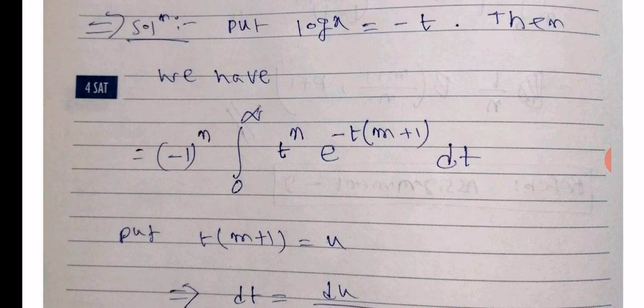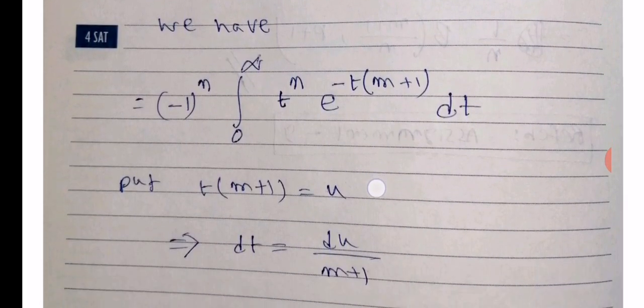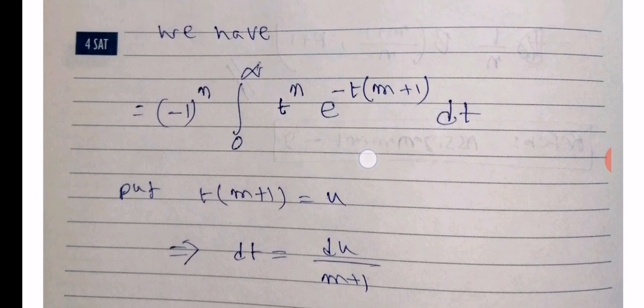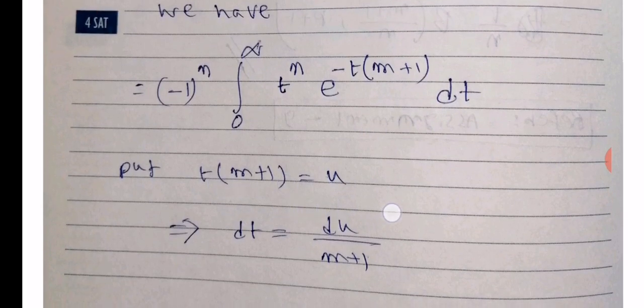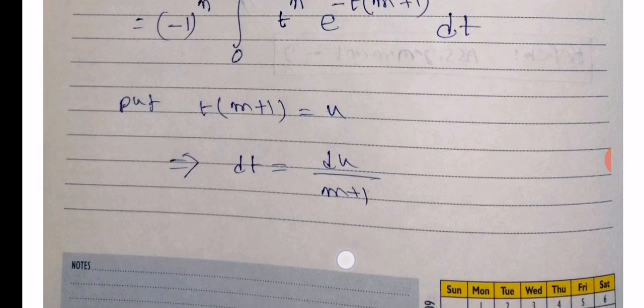But for gamma function you need something of the e to the power minus u form. So put t into (m plus 1) equal to u. So dt you will get du by (m plus 1).